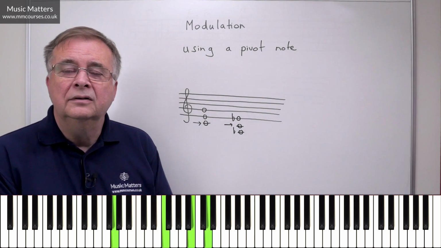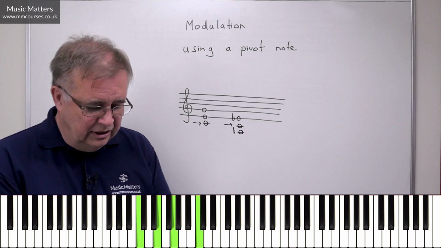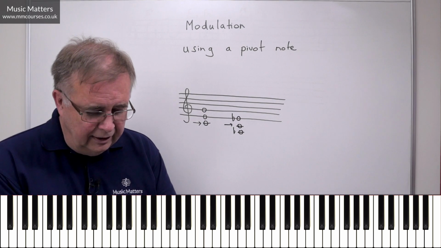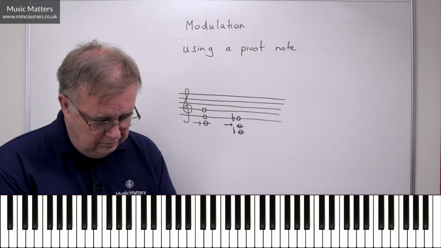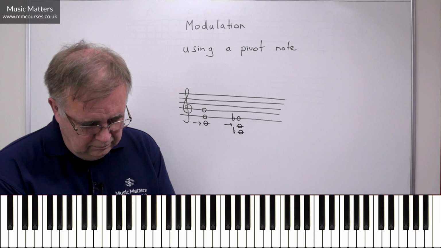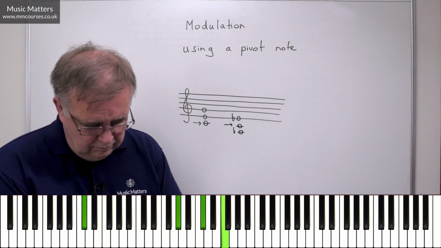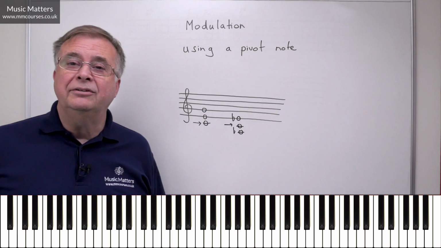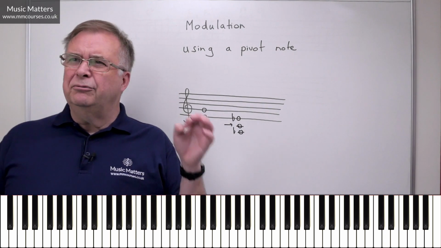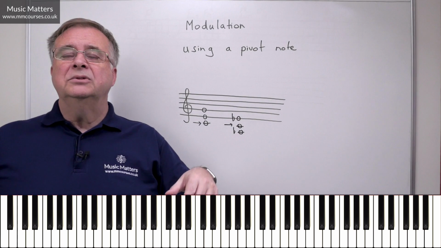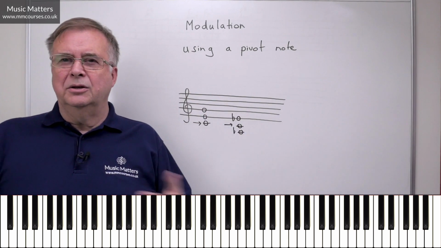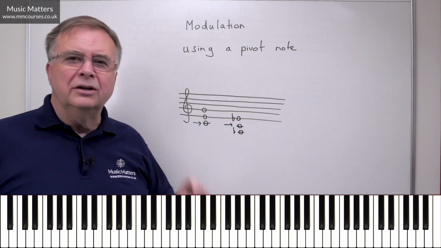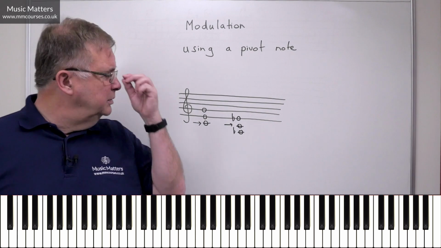So I finish in C major and then I go to A flat major. And I'm quite happily in A flat major, and it works quite well, doesn't it? You don't feel a big bump. You sometimes feel this slight lift, slight surprise, but the pivot note carries us from one key to another.